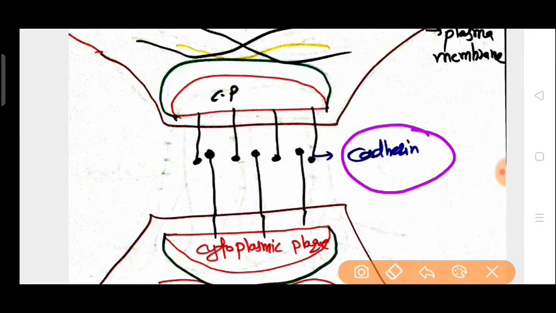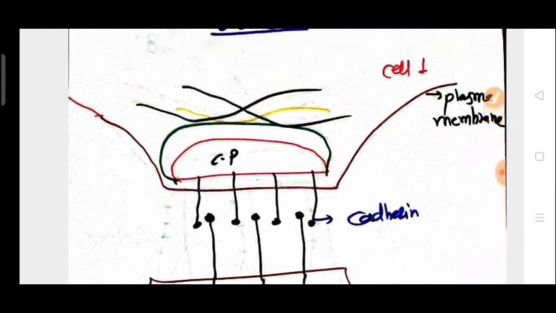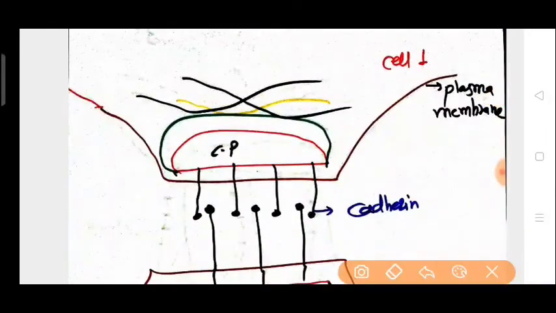Cadherin is a kind of cell adhesion molecule. So these are cadherins, and they provide cell to cell connectivity. So it is a kind of cell to cell junction, and these are the intracellular keratin filaments. This is your cytoplasmic plaque, and it has proteins like plakoglobin and desmoplakins.